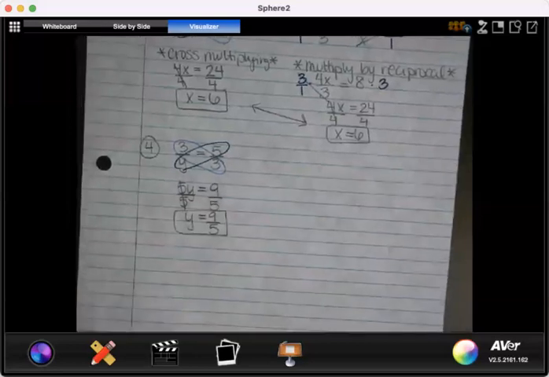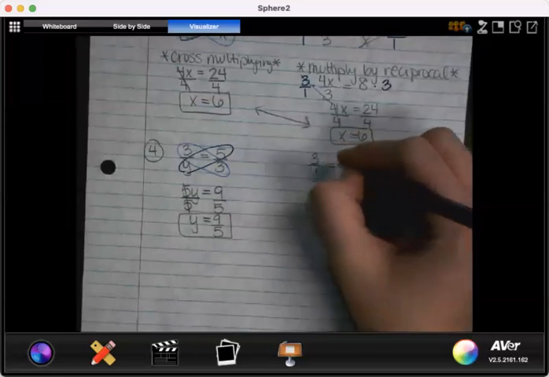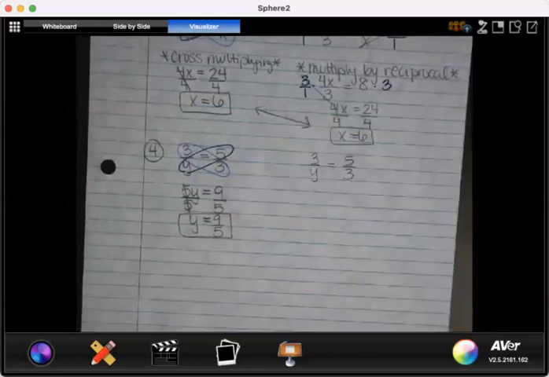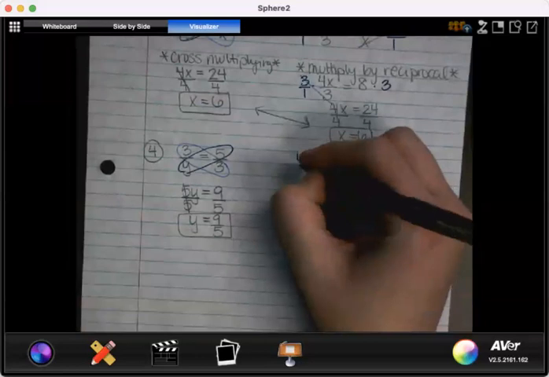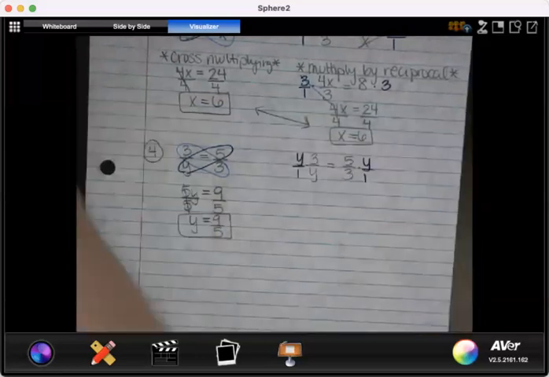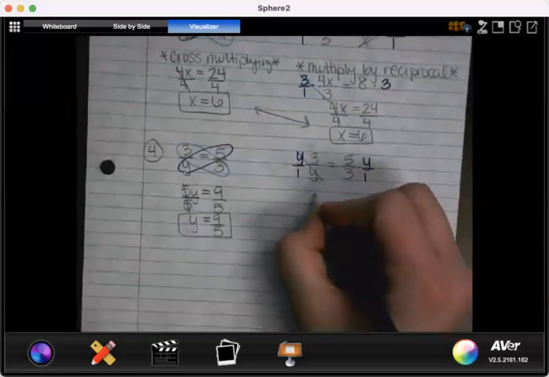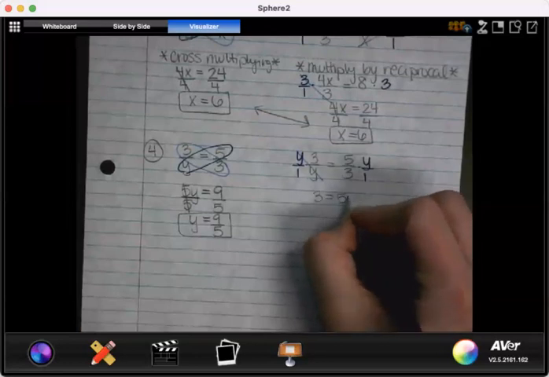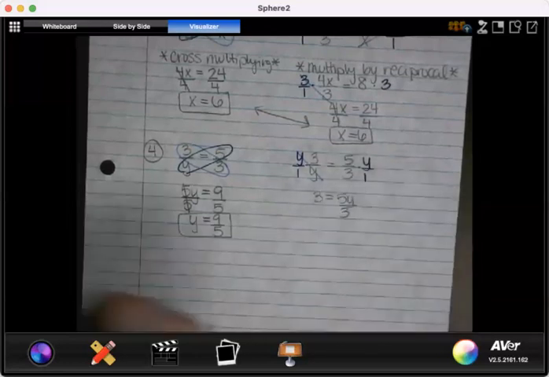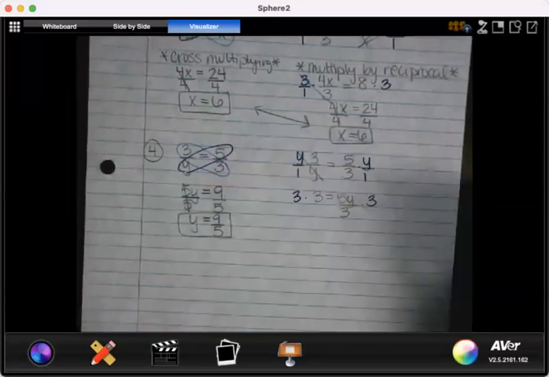Now, if you preferred the multiply by the reciprocal method, this is how you would complete this method. I'm going to multiply by y over 1 on both sides. Which gives us 3 equals 5y divided by 3. Then I'm going to need to multiply by 3 on both sides.